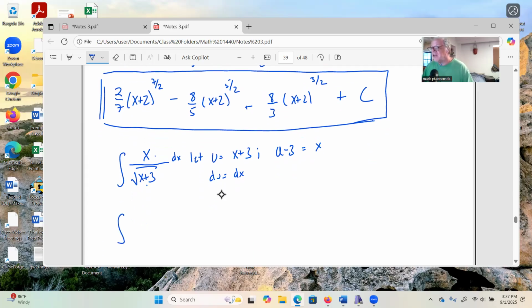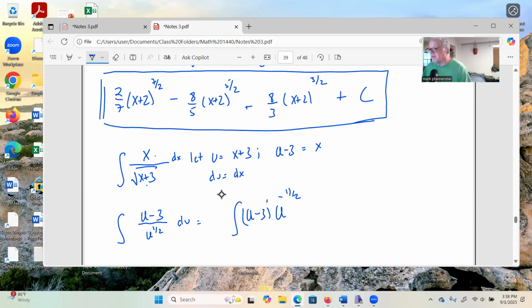So let's take a look at what happens there. We have u minus 3 divided by u to the 1/2 power, du. Let's massage this out. We have u minus 3 times u to the negative 1/2 power. Because this is a 1, we can distribute through. If it wasn't a 1, we'd have to multiply this out.